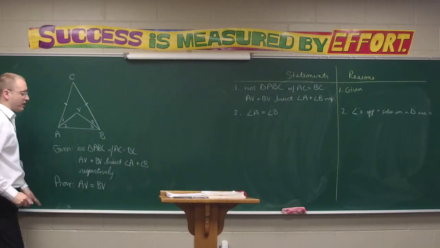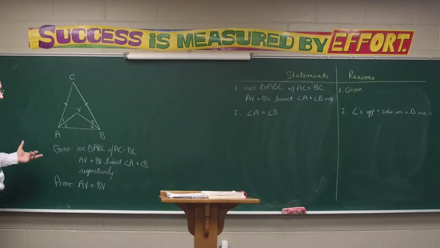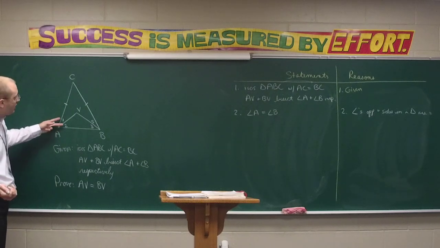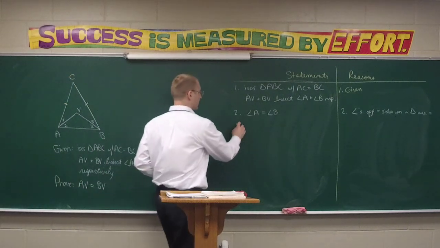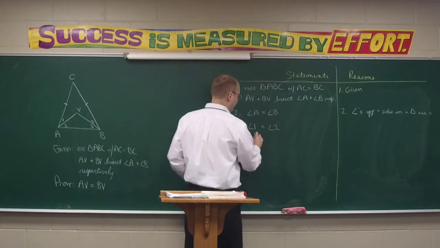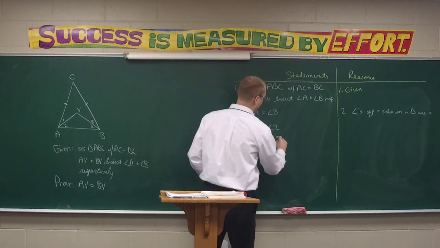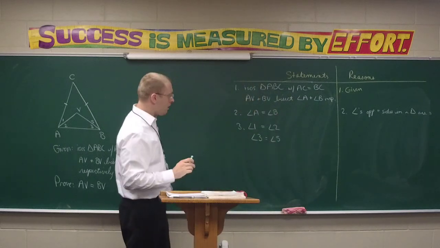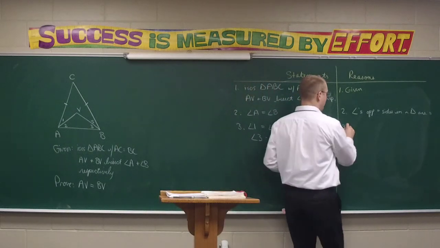And then hopefully you saw this word bisect and thought, well, clang, that means I've got some equal angles as well. That means 1 and 2 are equal to each other. And it means that angle 3 and angle 5 are equal to each other, or however you numbered your angles. The reason: definition of angle bisector.